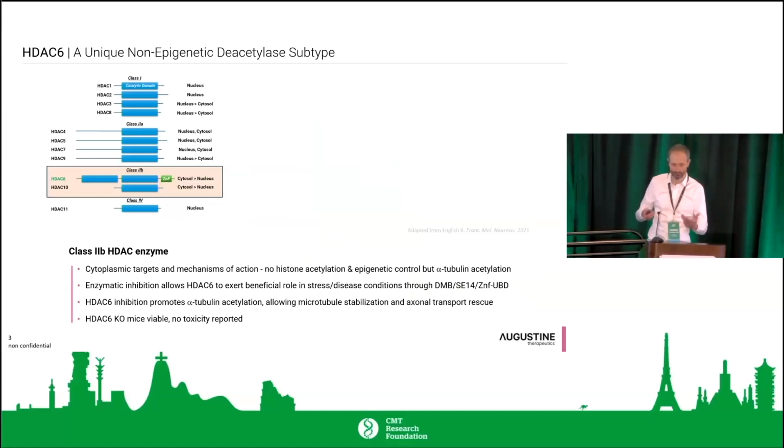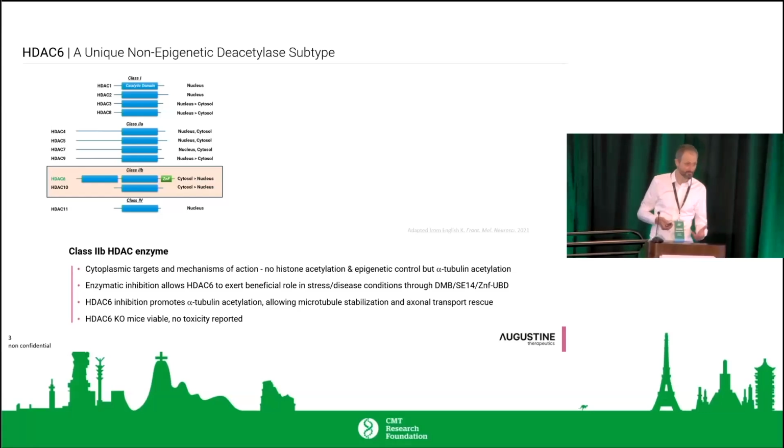And that's important to realize because its function is really in the cytosol. The substrates are in the cytosol. It's a class 2B HDAC, which is unique in that it has two catalytic domains, a CD1, CD2, but also a zinc finger ubiquitin binding domain.